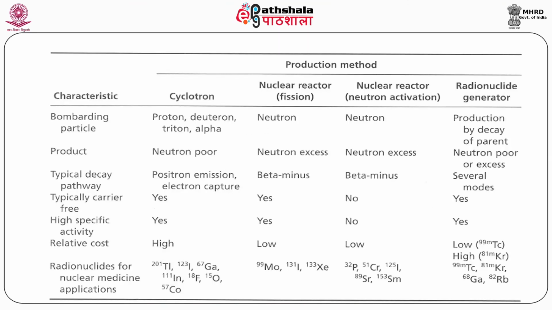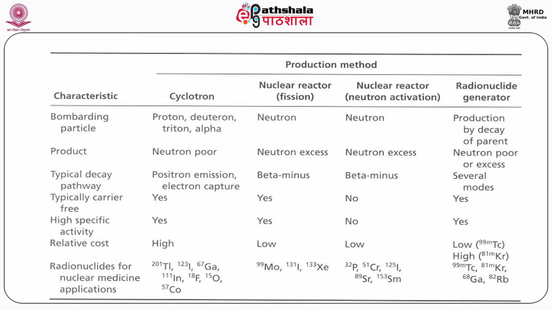So there are different production methods we have discussed, and we are going to discuss in further presentations, like cyclotron, nuclear reactor, and radionuclide generator, by activation process. And if you see the characteristics, the bombarding particle is different in case of cyclotron. The particle which is accelerated is a proton, deuteron, or alpha charged particle.